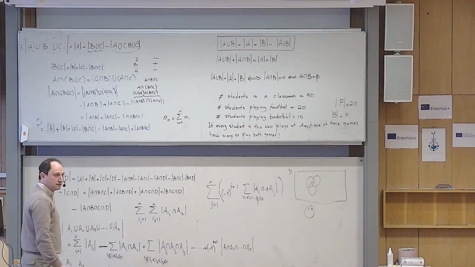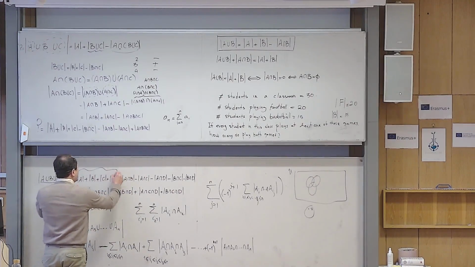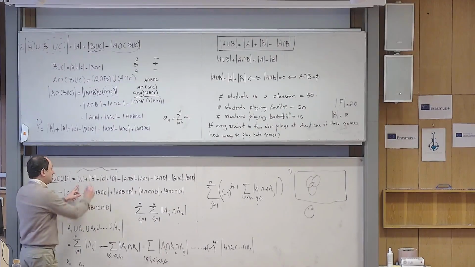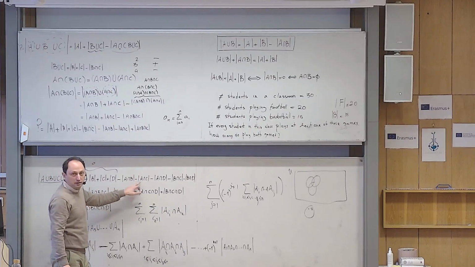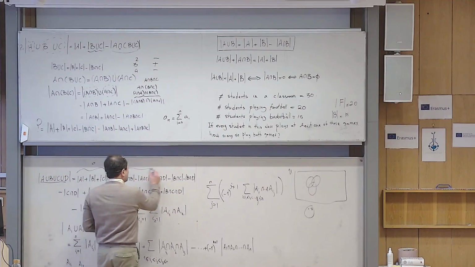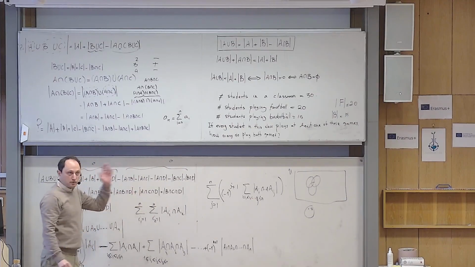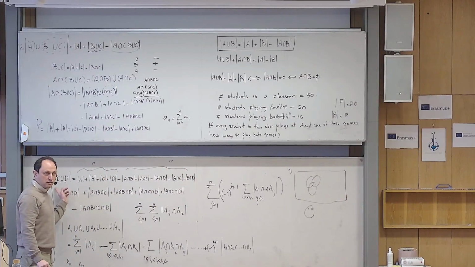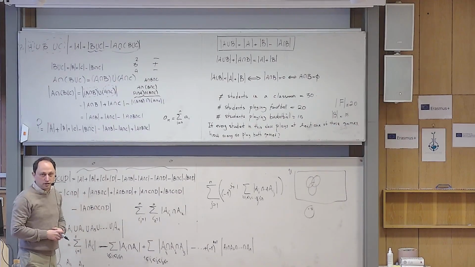So how many times does it appear here? 0 times. How many times does it appear here, here, here? 0 times. So that particular x is not counted on the left side, and it's also not counted on the right side.